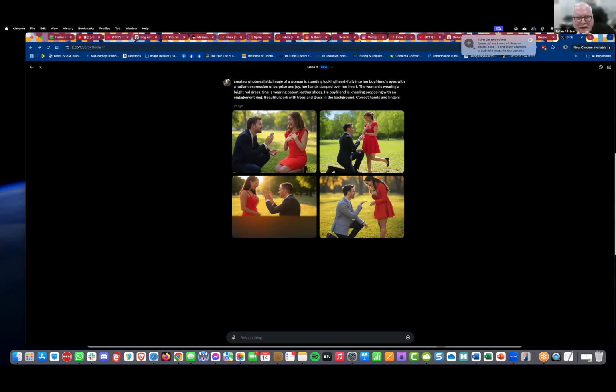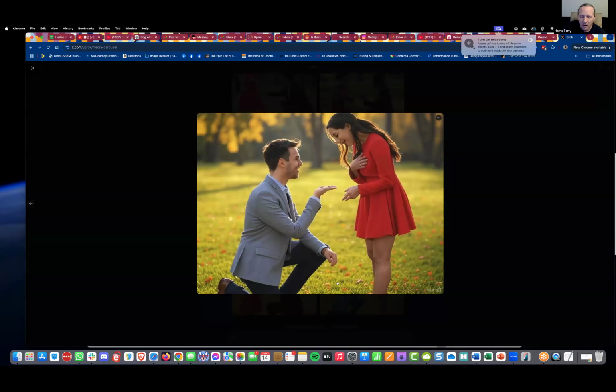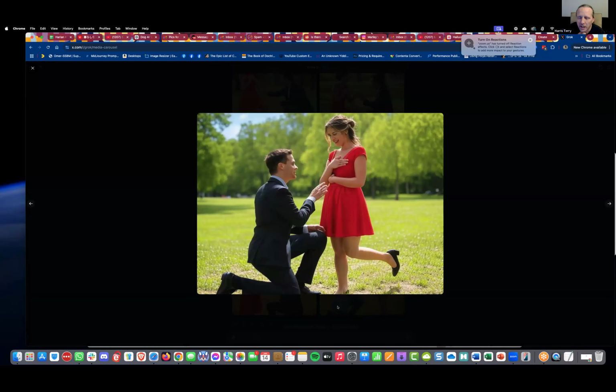We got three of them. All right, there we go. Nothing inpainting couldn't fix. Inpainting could just do it, and you could fix that.